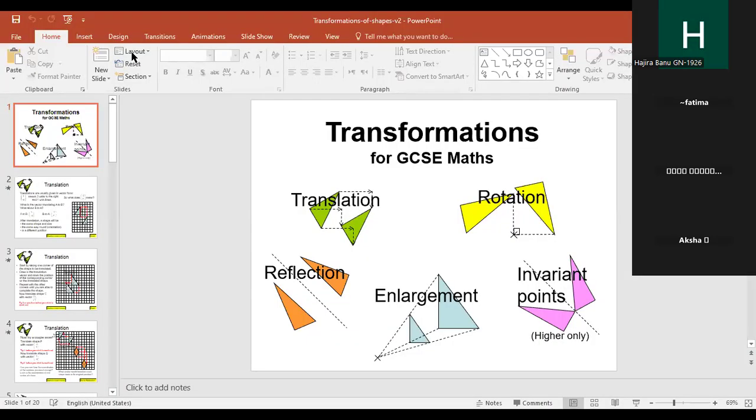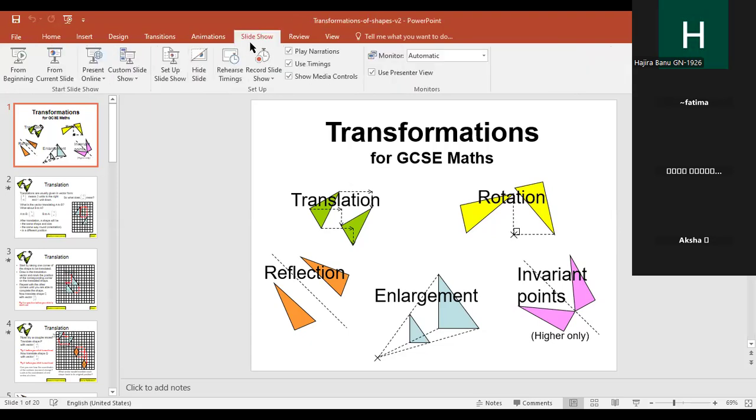So let us understand what transformations are. Which one do you want me to explain again, Aksha? The previous one, the word problem which we were doing? You want me to explain that again? Yes. I will get back to you after completing this, okay?